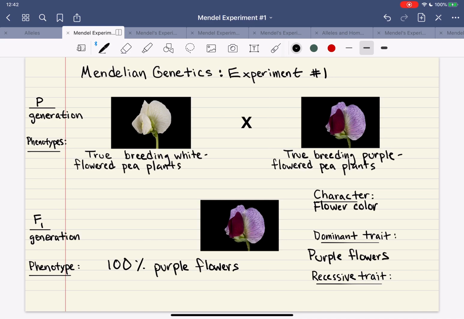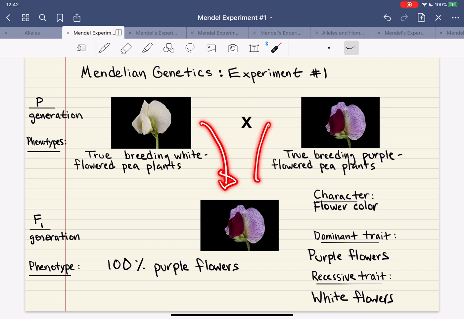Well, because in the presence of the white-flowered factor or trait, it seems that the purple wins out and the purple gets expressed, okay? The recessive trait in this case, white flowers, right? So in the presence of the purple factor, they're both passing a factor, this one here is not expressed, it's not showing up. So we call that the recessive trait.